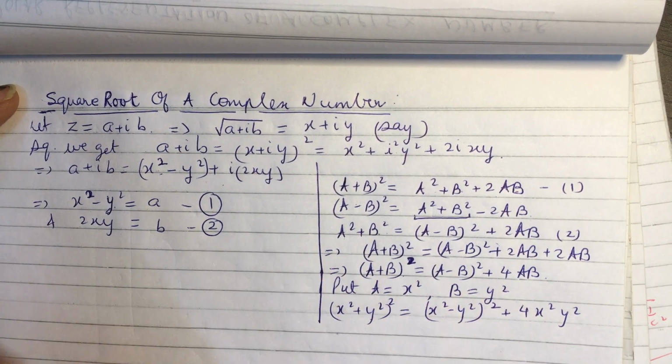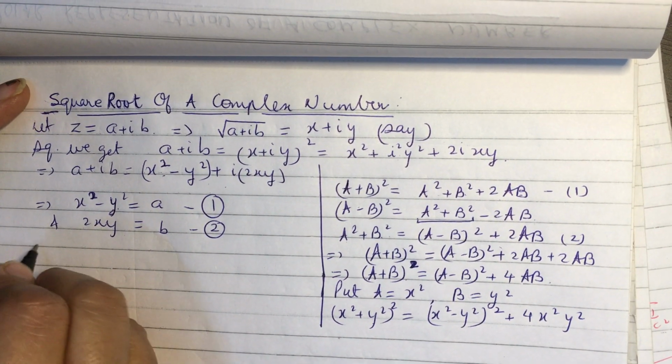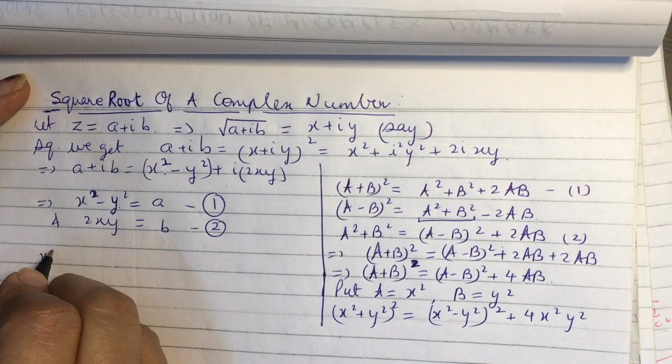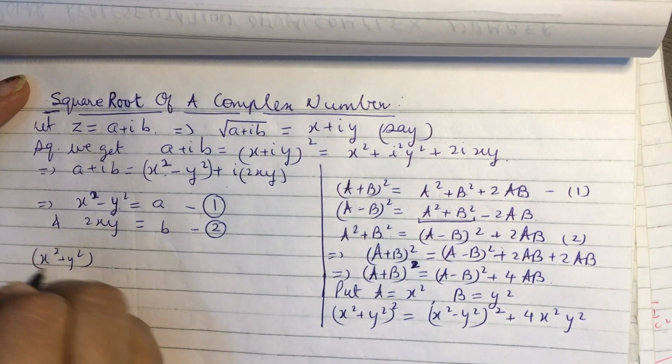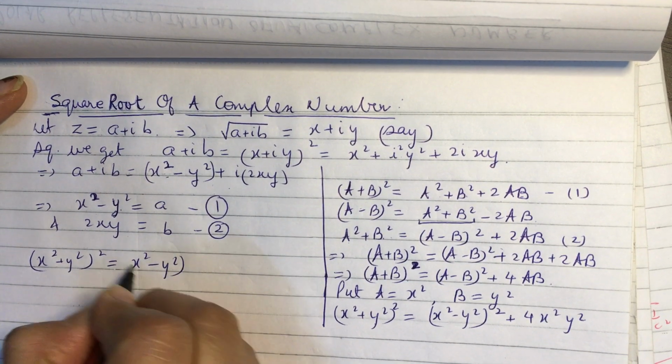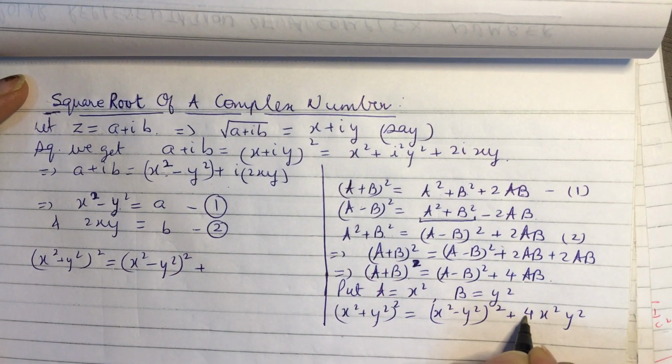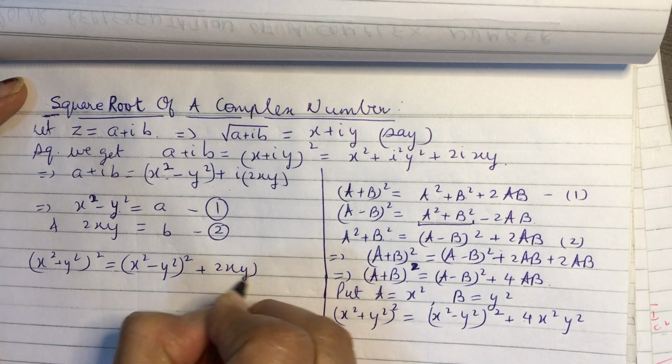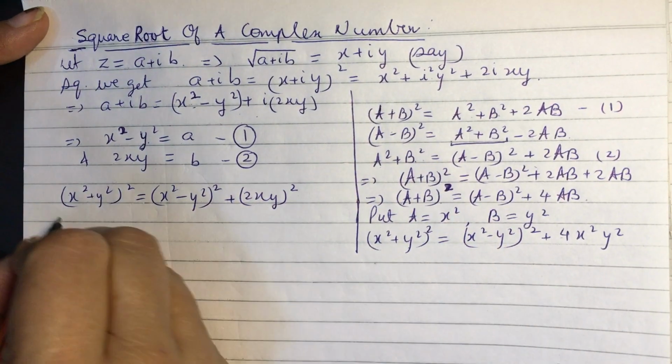Now using this we get (x² + y²)² = (x² − y²)² + (2xy)².